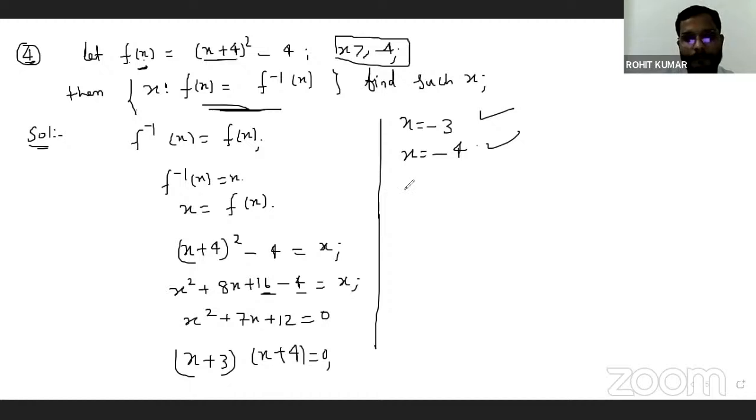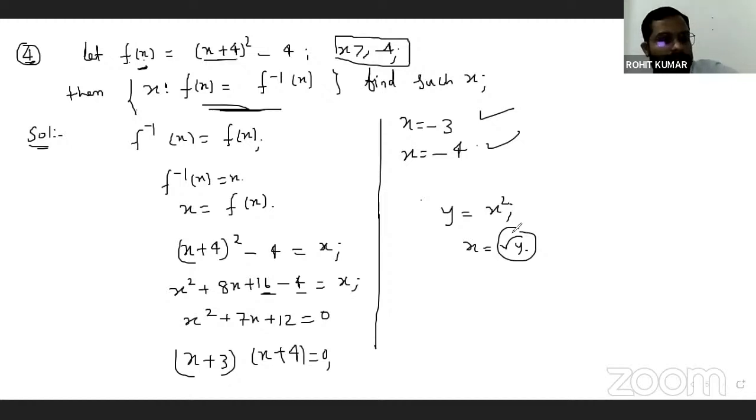Okay, see, when we calculate the inverse of a function, suppose y is equal to x squared. When you calculate the inverse, you do x is equal to root y, right? So you try to bring the function in terms of y, then you change that into x. So f(x) is equal to x has to be done.